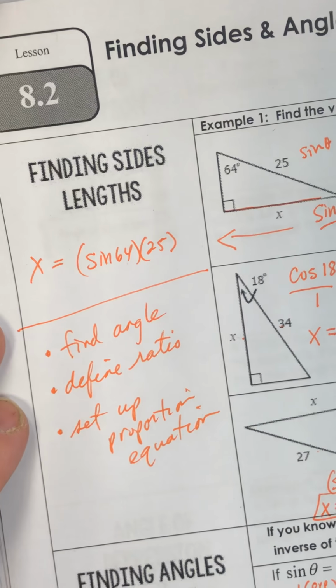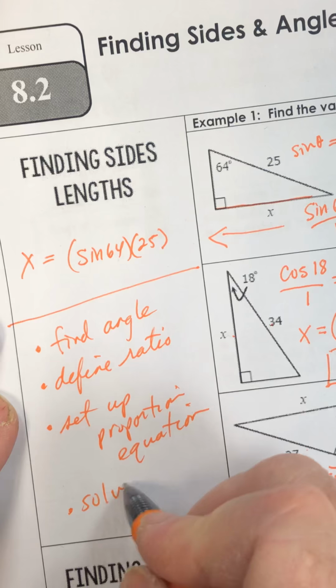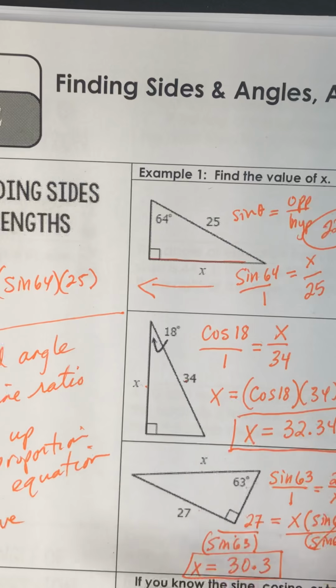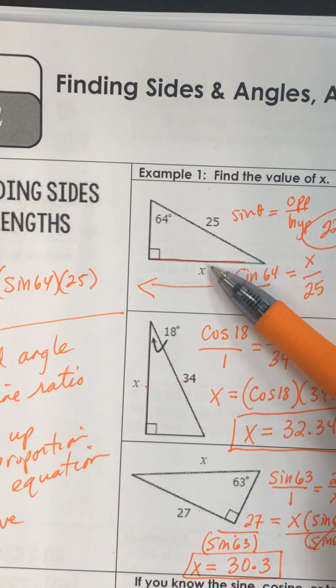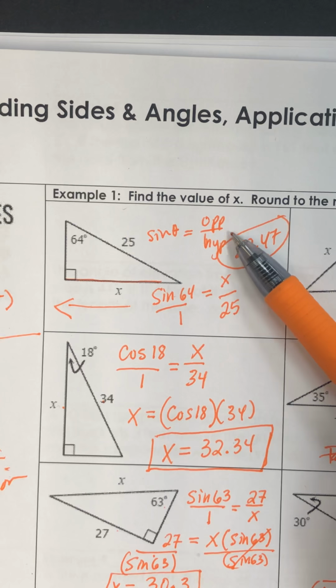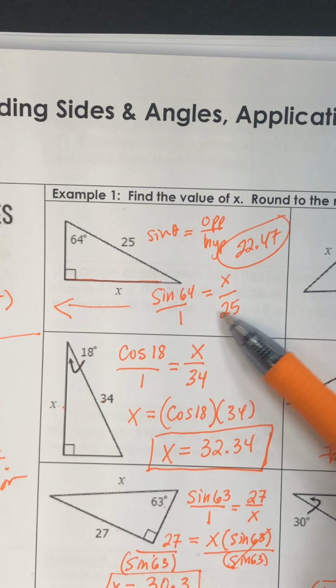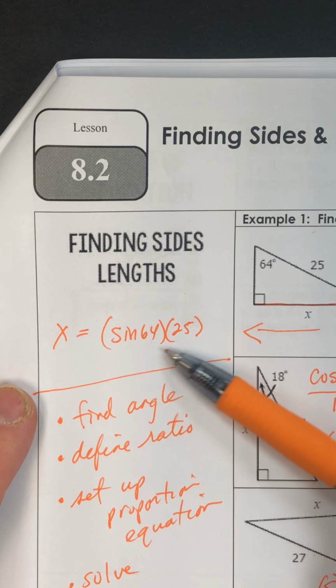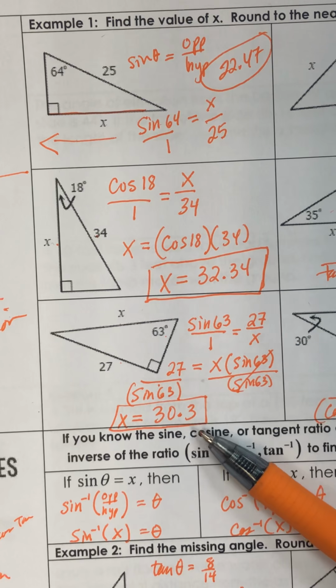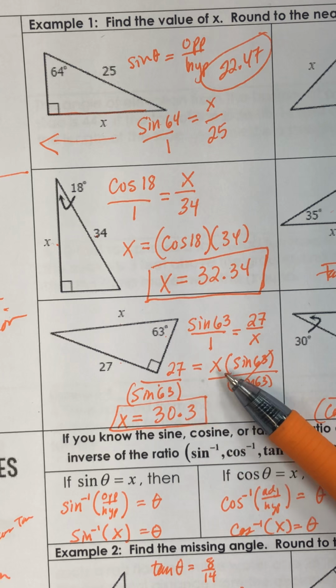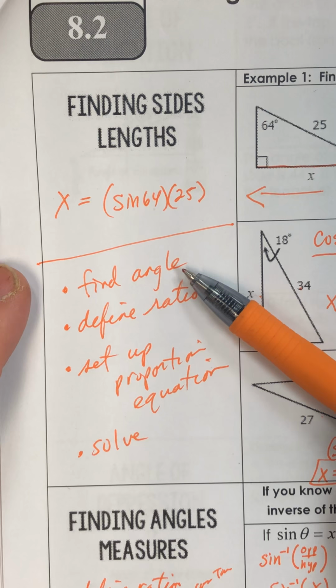Cross multiply to make it the equation and solve. So as the steps, from the angle, we define the ratio. Set up the equation. Cross multiply, and we solve that over here. Now, as we learned later in some of these examples, after we cross multiply, we might have to divide to find x. But it's still the same process.